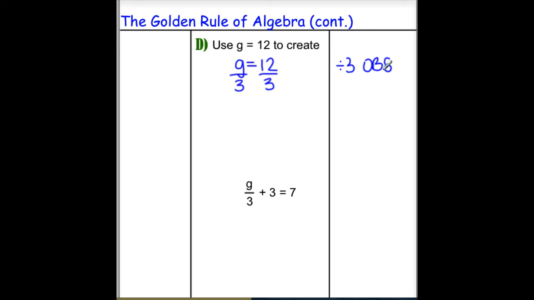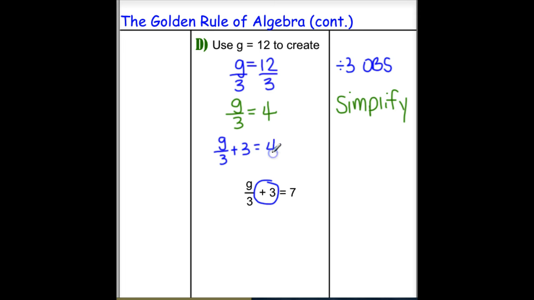And then I'm going to simplify. G over 3 is g over 3, and 12 over 3 is 4. So I can write down simplify. Then I need to add 3 yet, because that is what is left out of the final equation. So g over 3, and I'm going to add 3 to it, and then I'm going to add 3 to 4.